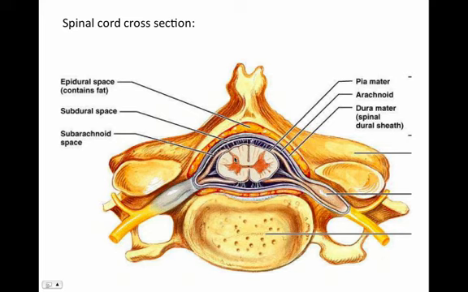Here, this is going to be the dorsal horn. So the dorsal root sensory neurons enter the dorsal horn. Here, the ventral horn, because it's on the ventral side. This is the ventral root, because it's on the ventral side.